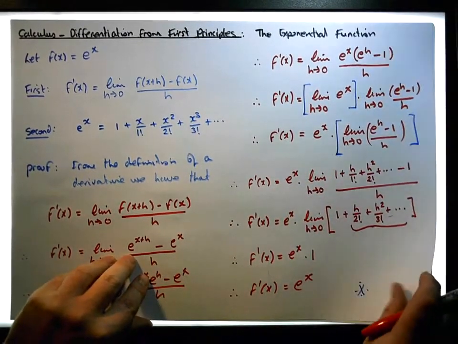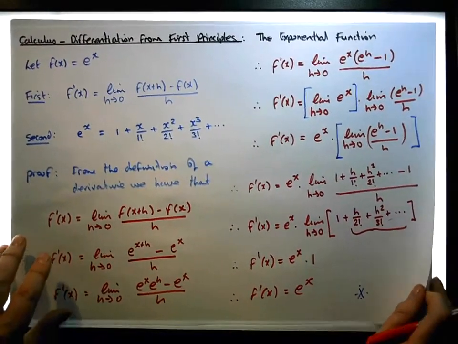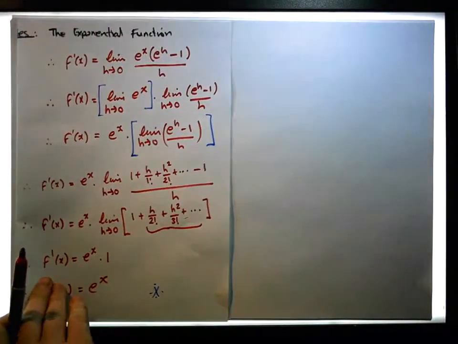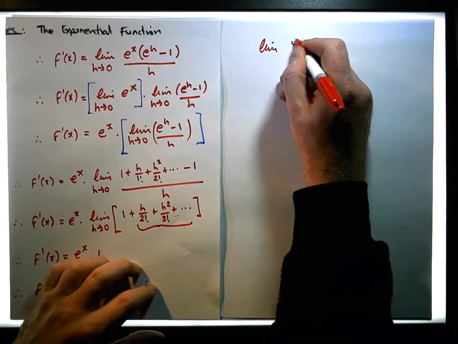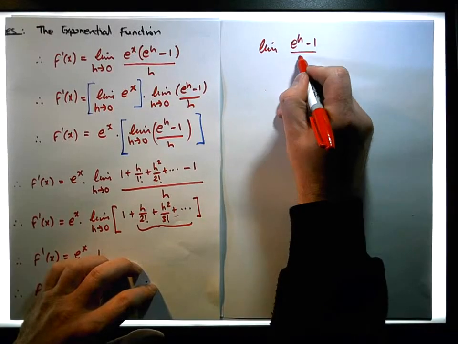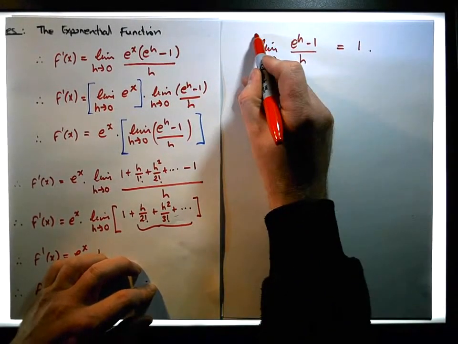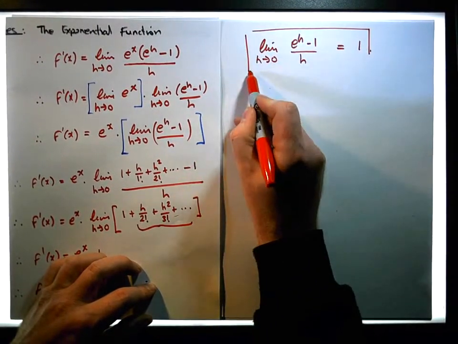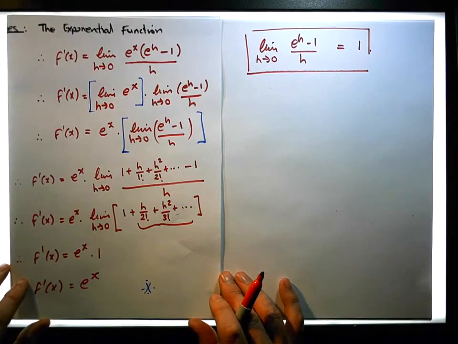So the limit of (e to the h minus 1) all over h as h tends to 0 is equal to 1. That's what the Taylor expansion of e to the h is telling us.